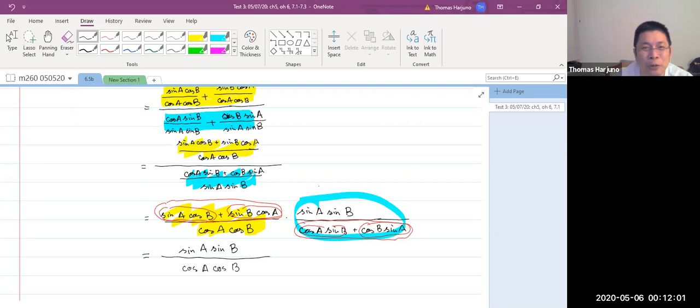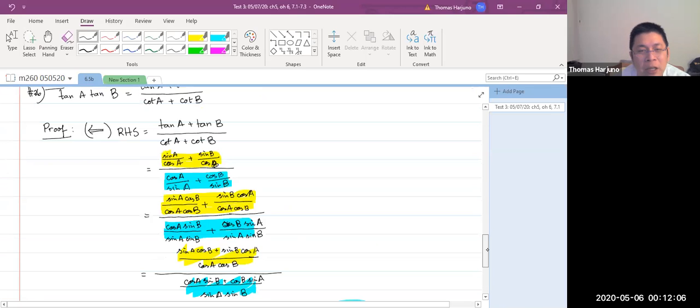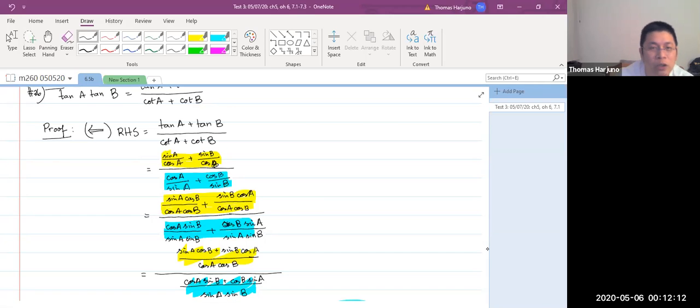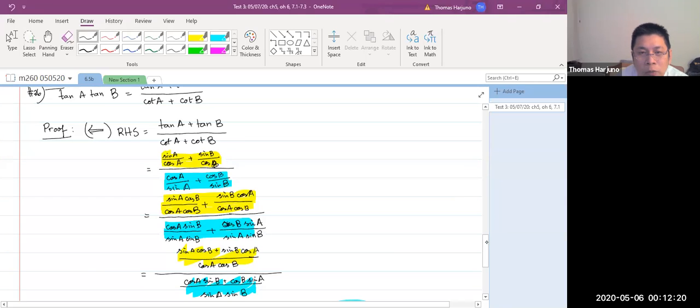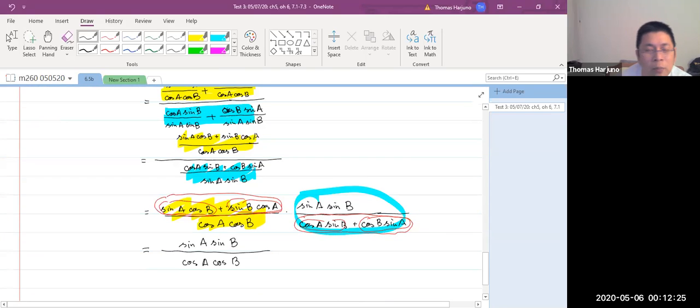So this is one of the difficulties of making it into sine and cosine, and we already have two angles A and B. Once you make it into sine cosine, you end up dealing with sine A sine B, cosine A cosine B, and once it gets more terms, you may not be able to see this red circle here, the red circles on the top left and on the bottom right. You don't realize that they are actually the same.